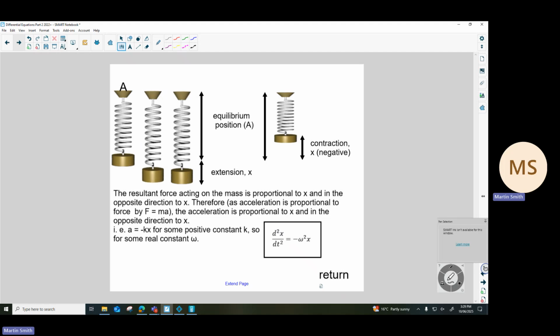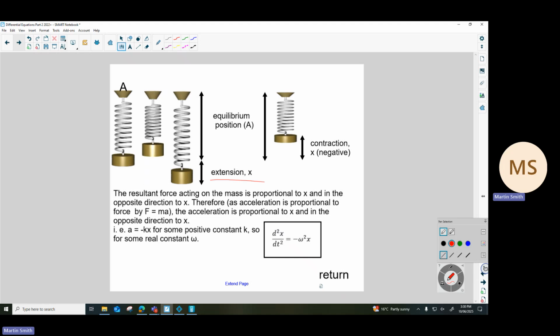If you were to stretch the spring and let go, the object at the end would oscillate up and down. At some points, the spring would have some sort of an extension, x, and at other points, the spring would have a contraction, which means the same as a negative extension. So the extension, which could be positive or negative, is a displacement from its equilibrium position.